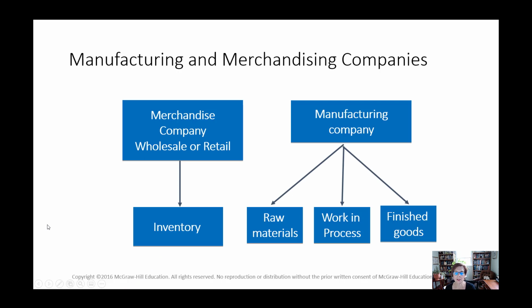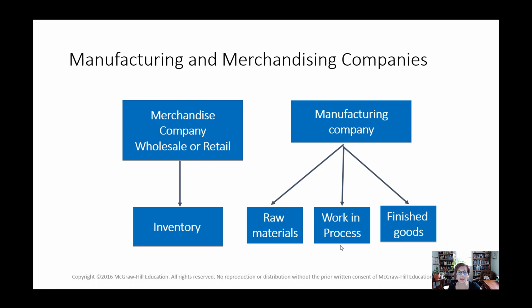All right, so as promised, there are three different inventories in a manufacturing company. The raw materials, so that would be, like I mentioned, the tires for a bicycle manufacturer. Work in process is items of inventory that have been started, but they're not finished yet.